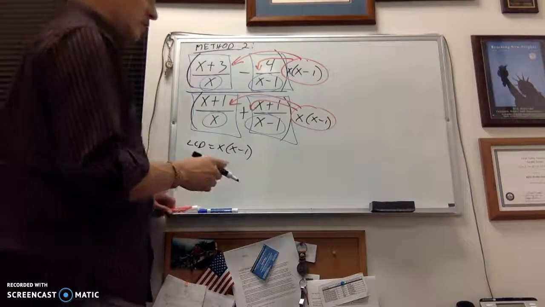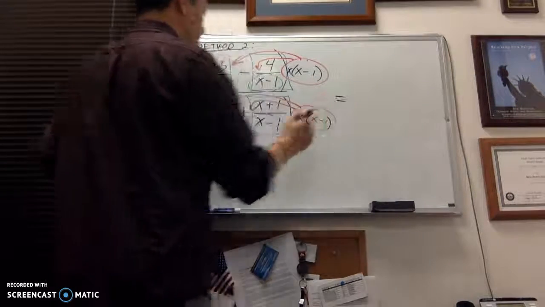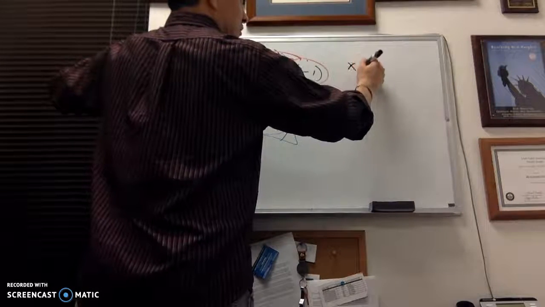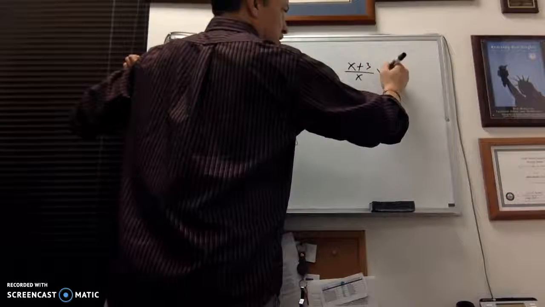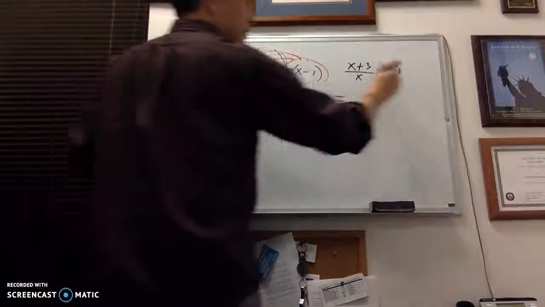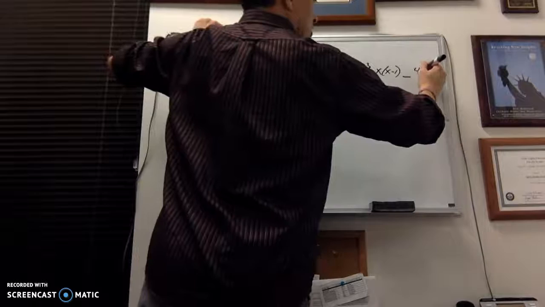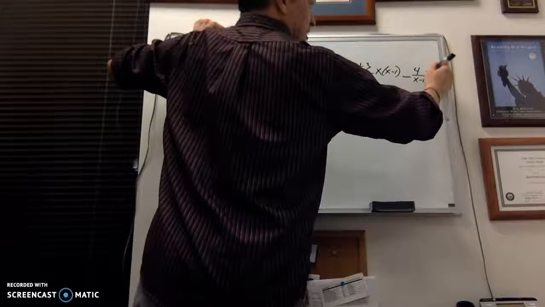So, well, I kind of wrote myself into a corner here. Let's see if I have room. So what you're looking at here is this x plus 3 over x times the x times x minus 1 minus this 4 over x minus 1 times the x times x minus 1.